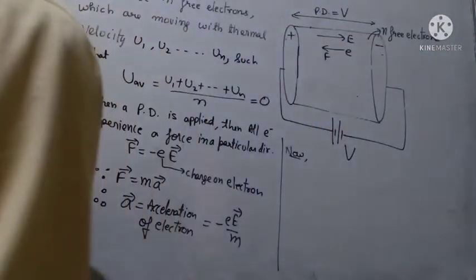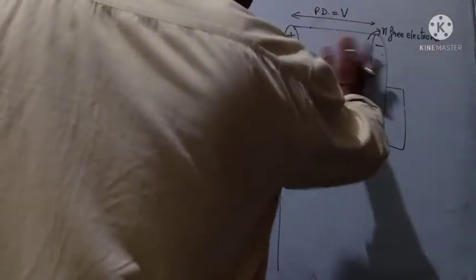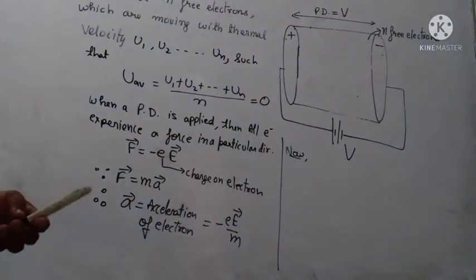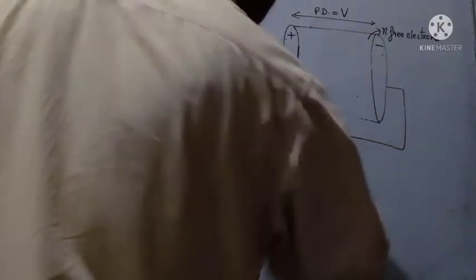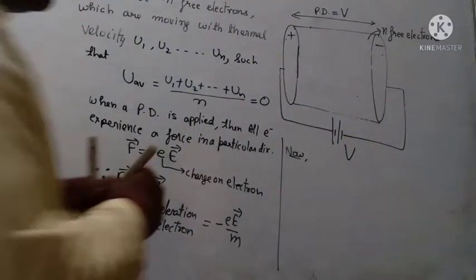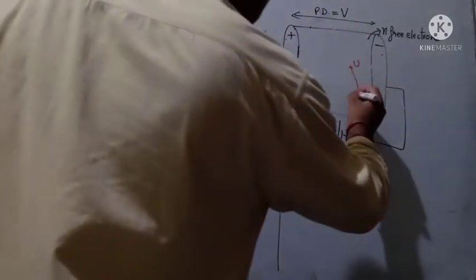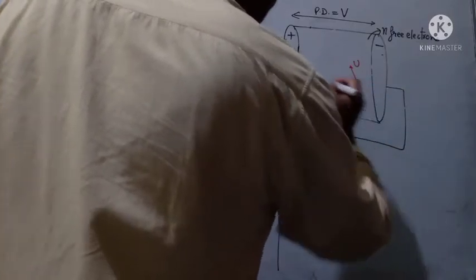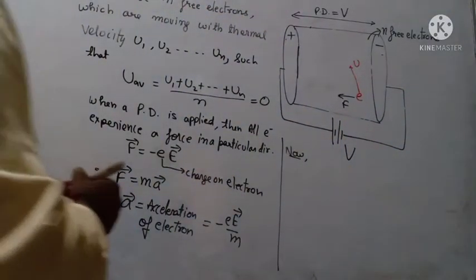But what will happen? Let's see. The electron has velocity in this direction. It is experiencing force in this direction.